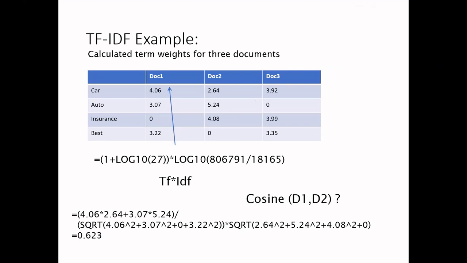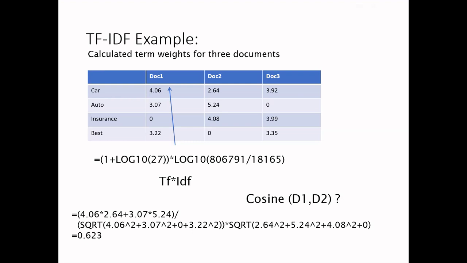So essentially for document number 1, the weight for car will be 4.06, and that calculation is shown in the slide. And similarly, you will get the weight for the remaining terms for document 1 as well as for document 2 and 3. All right. So basically what we have shown here is how to get these term weights.